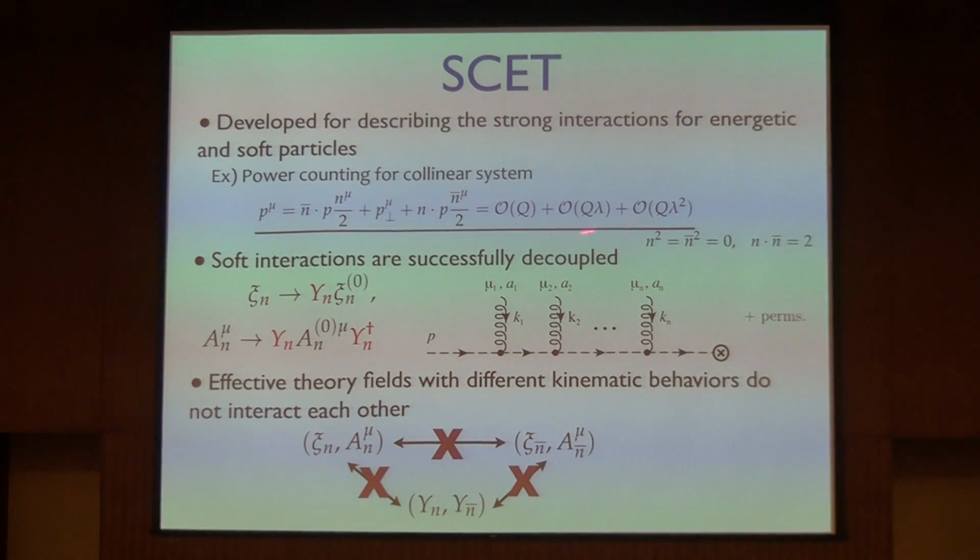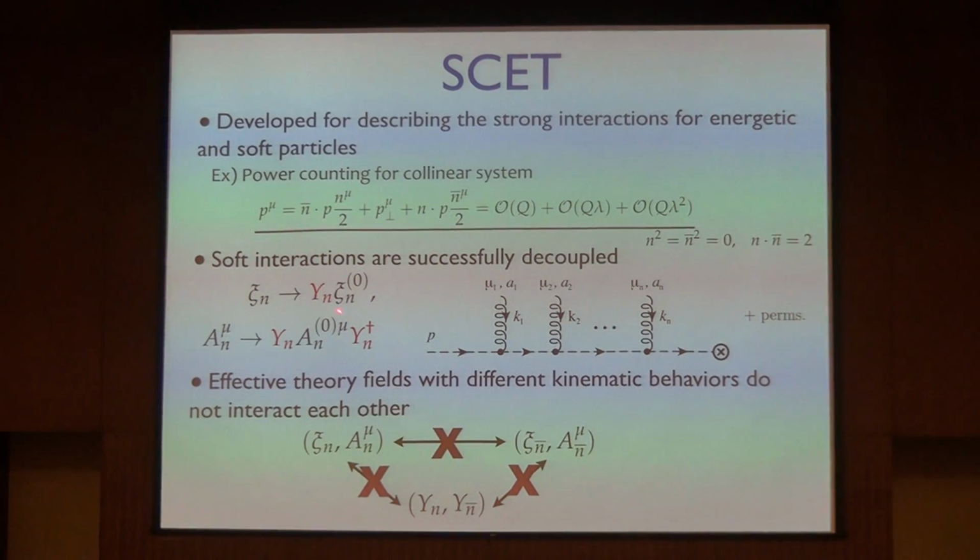With this small power counting parameter, we can successfully decompose the collinear momentum, and then we can successfully construct the collinear field. If we write down the collinear Lagrangian at leading order in lambda, we have the leading interactions of all collinear particles. However, if we compute the infinite soft-collinear radiation, we can successfully decouple the soft-collinear interactions from the collinear field.